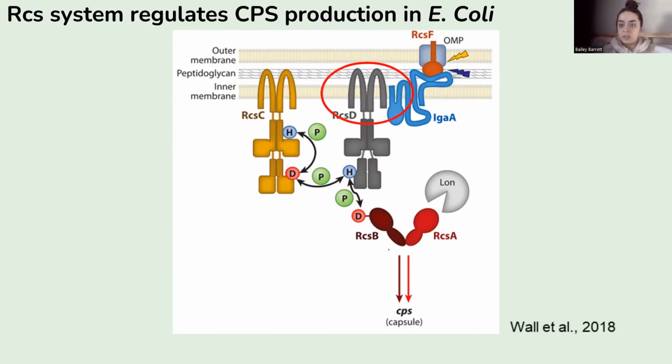And this was the specific region of the RCSD gene that was mutated. So we believe the interaction between IgaA and RCSD was somehow messed with. IgaA is a repressor of this whole system. Because we saw a lot of mucoid, that would mean the bacteria is producing a lot of sugars, and this all aligns with what we're seeing.